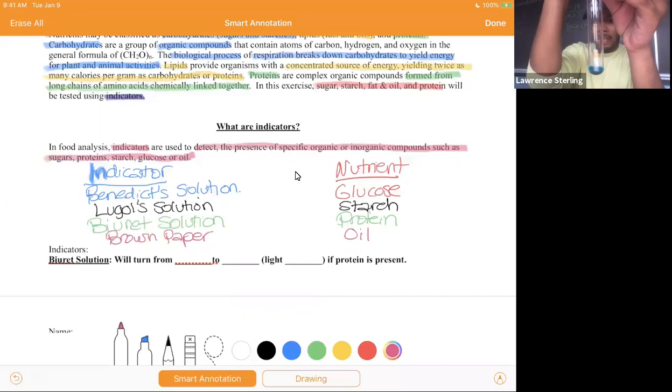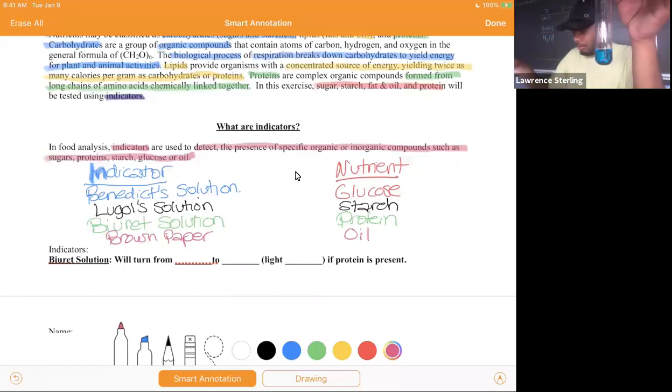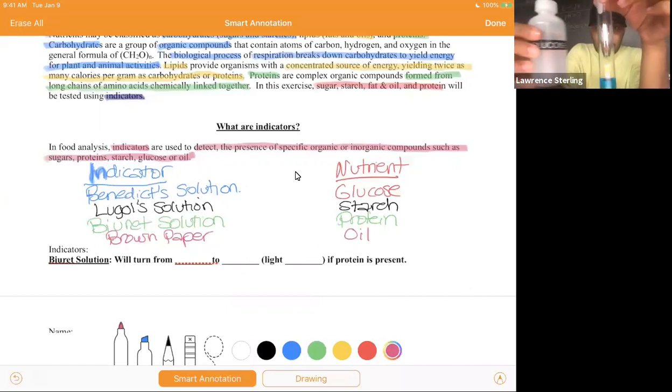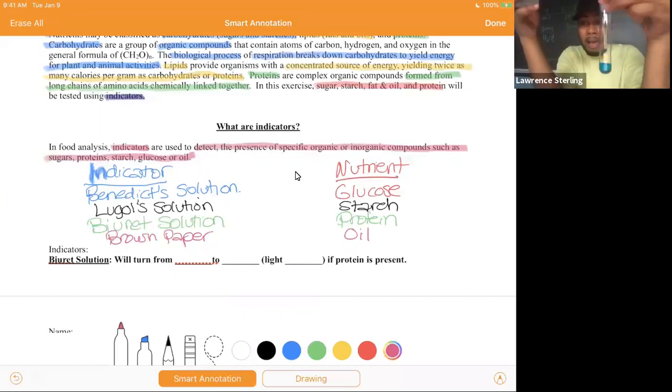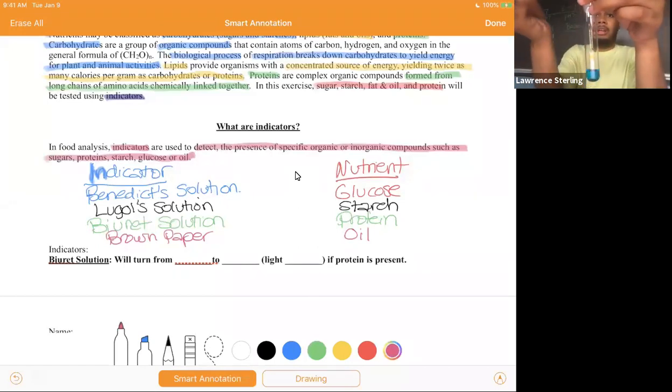Not really expecting anything to happen because I'm simply just putting Benedict solution in here, all right? So we see Benedict solution, which is here, and then we have our glucose. Now we're going to see what happens when we add glucose in here. Ready?